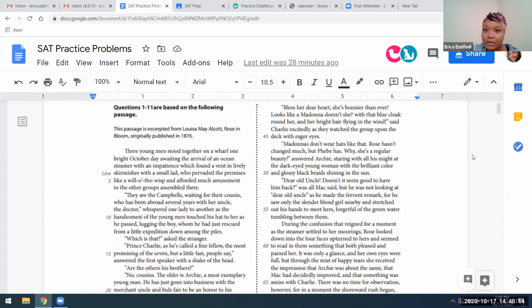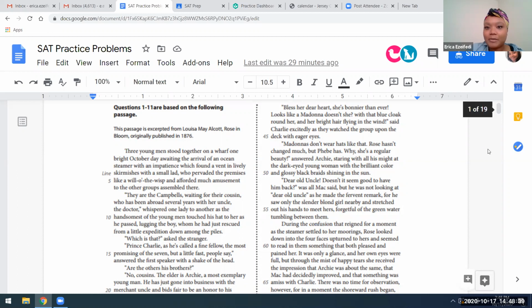Okay, so the question asks, question 7, Archie's comments in these lines, 46 through 48, Madonna's beauty, primarily indicate that he, the answer is B, finds Phoebe to be beautiful.